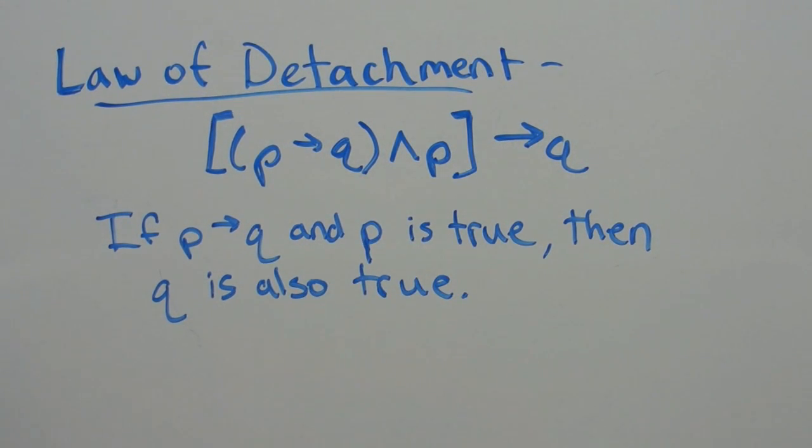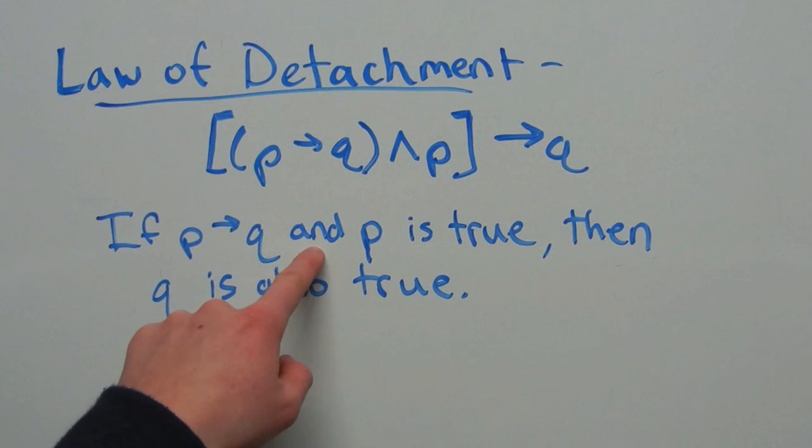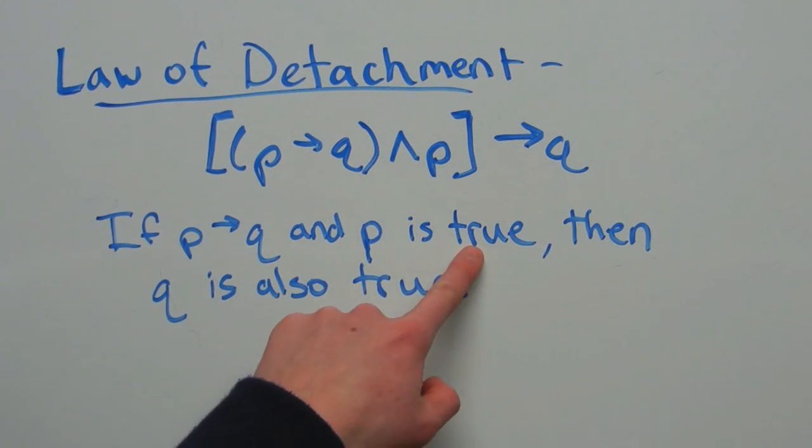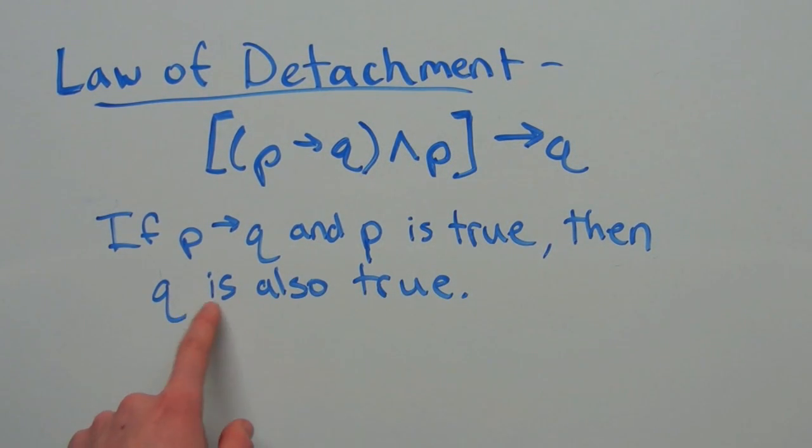So what this is saying is that if P implies Q and we have that P is true, then Q is also true.